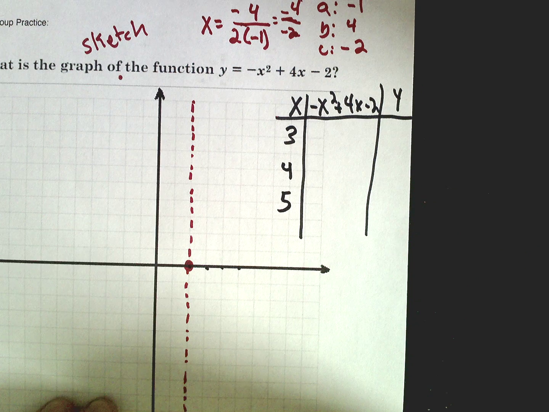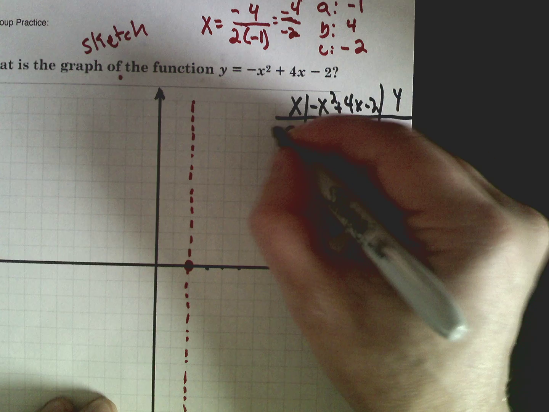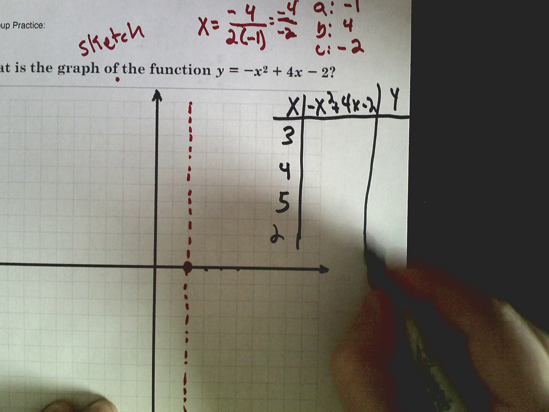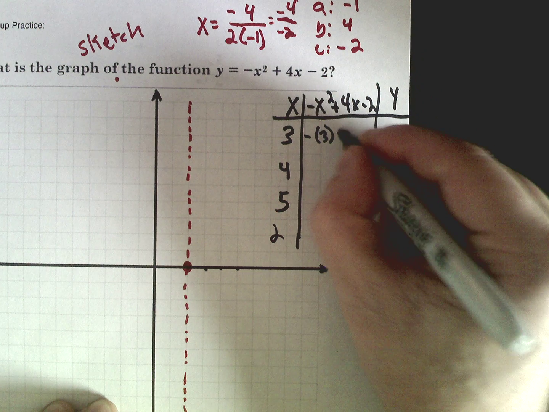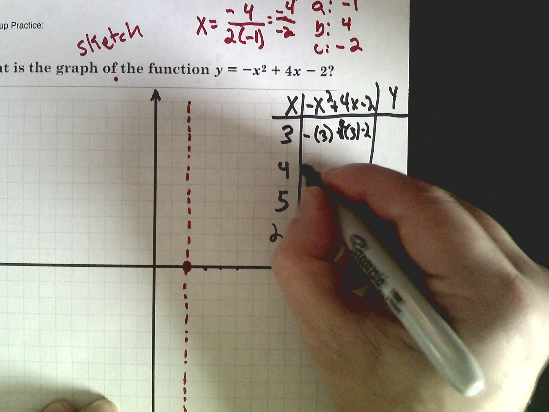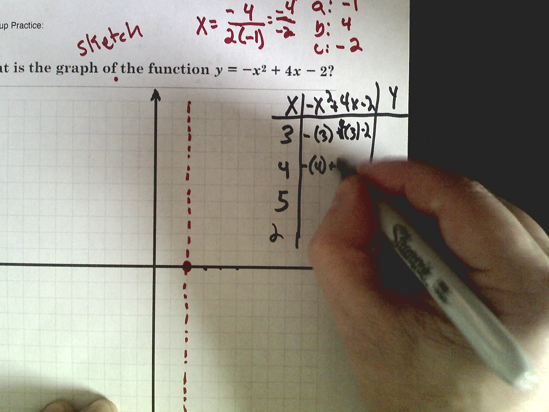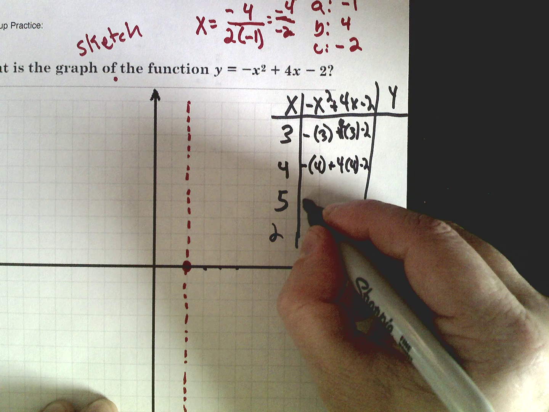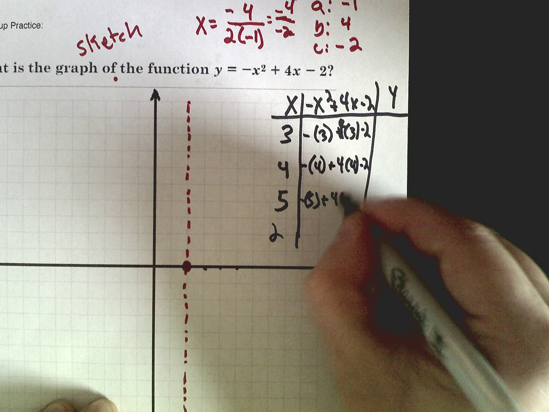I'm only going to do 3. Oh, you know what? I'm going to do 2. Okay, so let's do this. 4 times 3 minus 2, negative 4 plus 4 times 4 minus 2, minus 5 plus 4 times 5 minus 2.